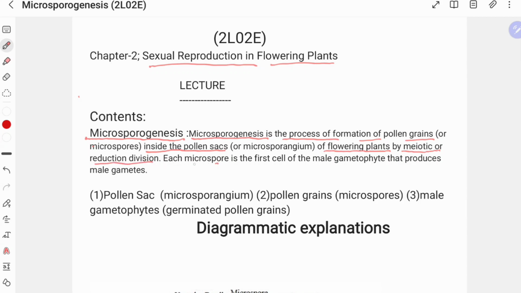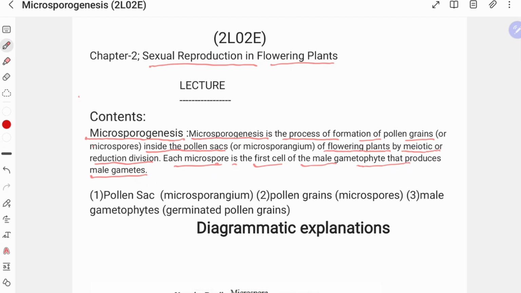Each microspore is the first cell of the male gametophyte that produces the male gametes. I think you have understood the summary of microsporogenesis.